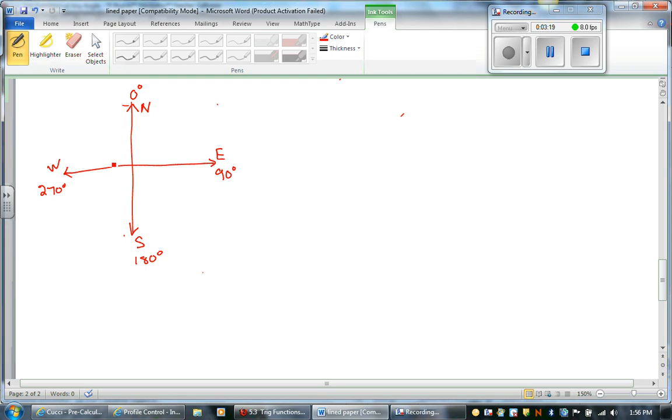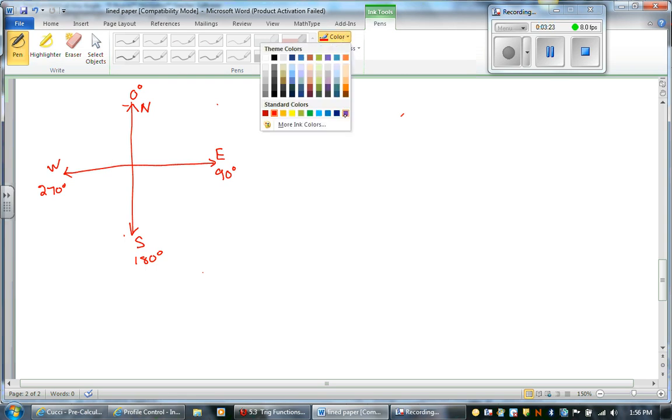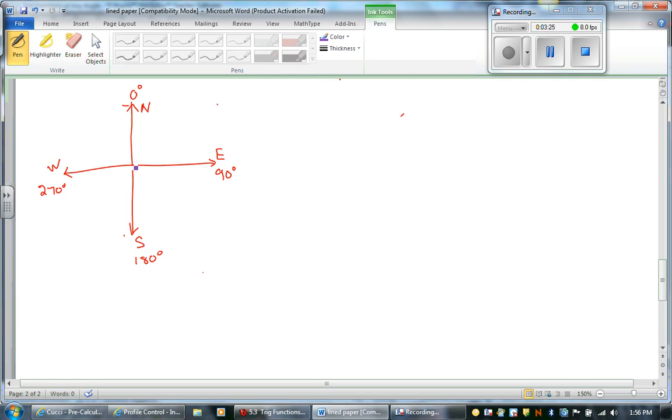If I wanted to look at a bearing of 50 degrees, that bearing of 50 degrees would look like this. Standard position would now essentially be here, and 50 degrees would look about like this. A bearing of 50 degrees. Let's look at what 115 might look like.